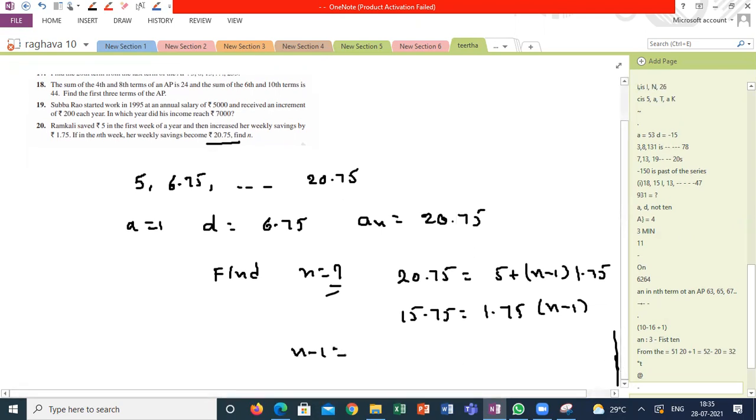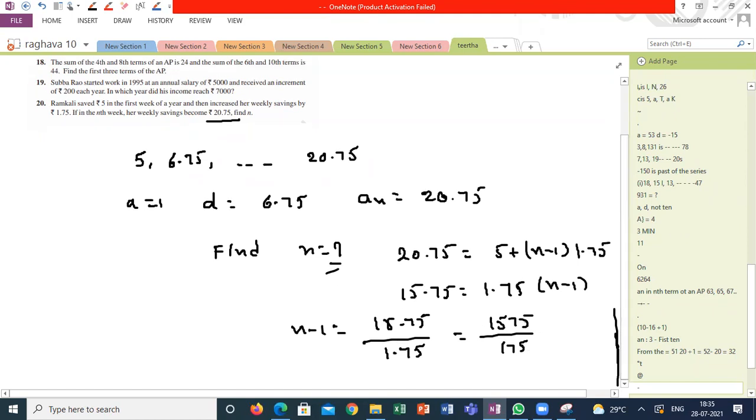So n minus 1 is equal to 15.75 divided by 1.75. This is 1575 by 175. How many times? Or 175 straight away 9 times you are taking? 900, 975, 1575.